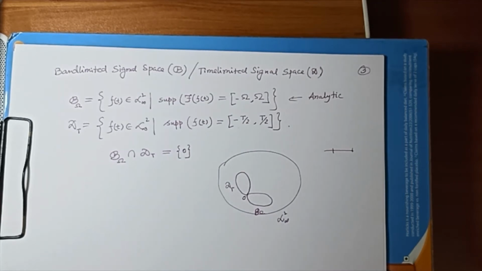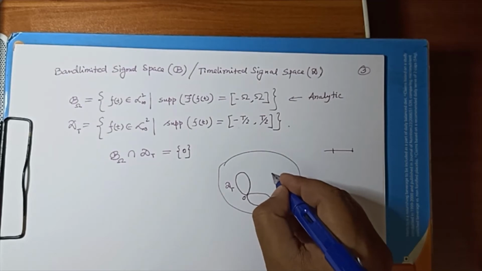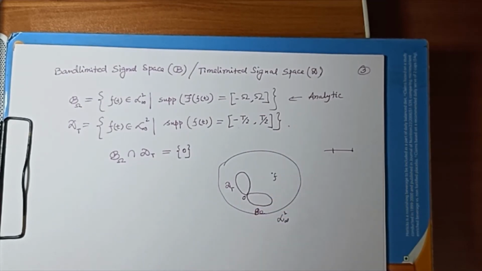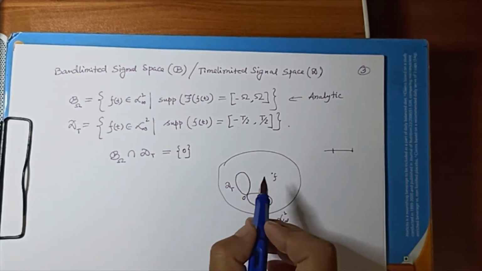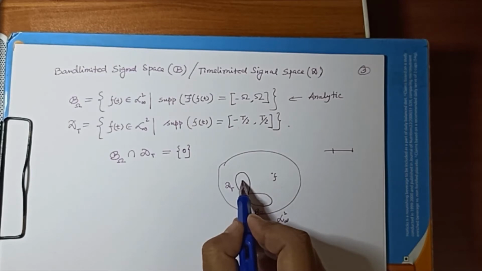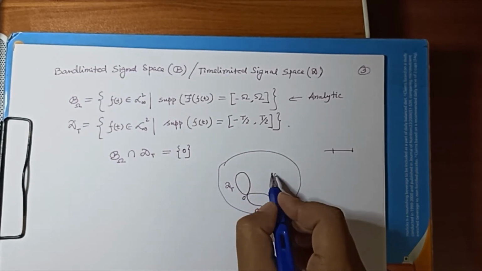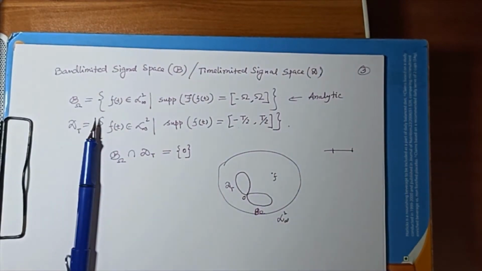Now when you have any L2 signal, say f, you are basically projecting this signal over there or projecting this signal over there. That means you are doing time limitation or band limitation. So I am writing this in this way.